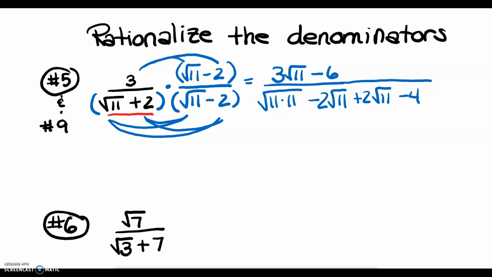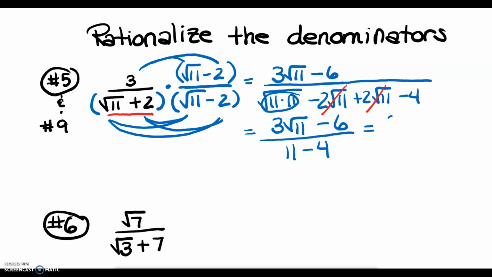And if you take a look at this, these terms cancel out. So when I simplify, my numerator does not simplify because 11 is prime, but my denominator has a group of two 11s here. I get 11 minus 4. What is 11 minus 4? 11 minus 4 is 7. This is my final answer.